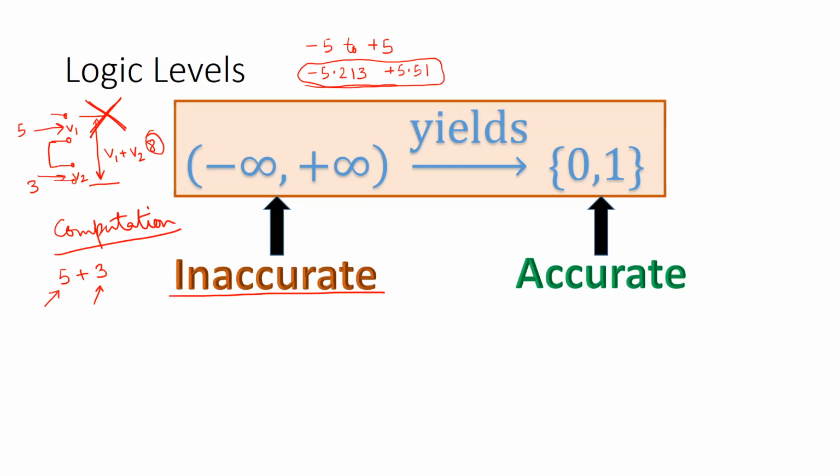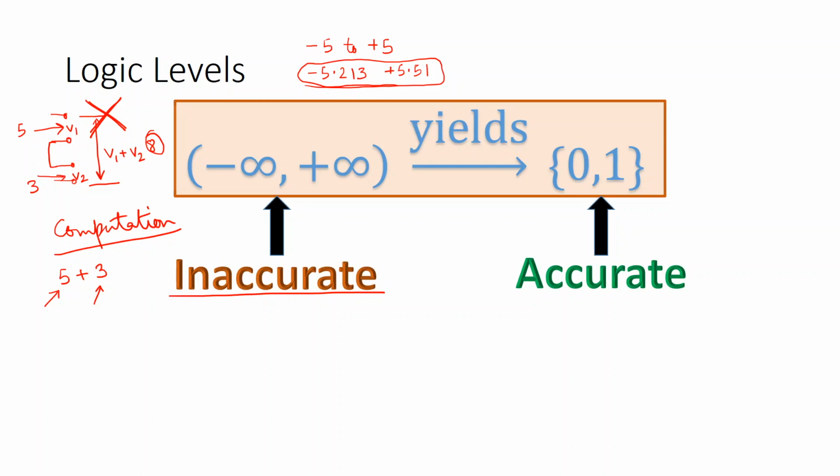If you need to add voltages, you can use that adder. But if you need to add numbers, accurate measurements, then you will not be able to use that particular circuit.